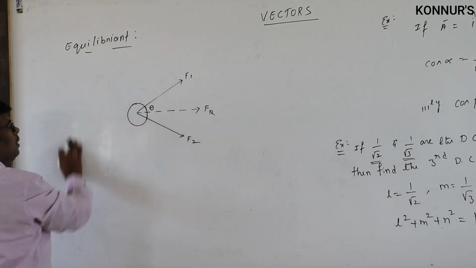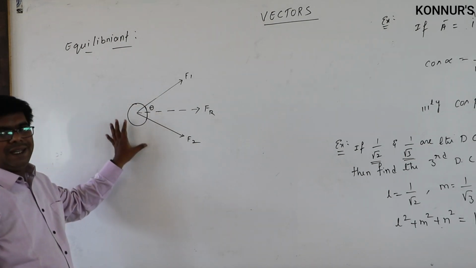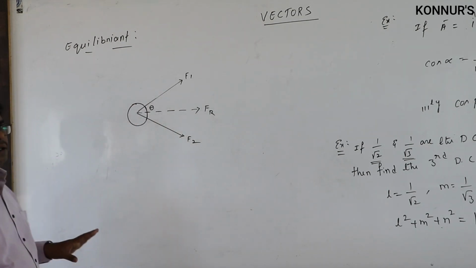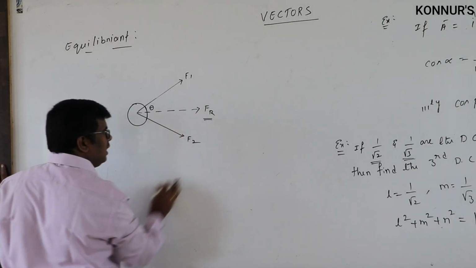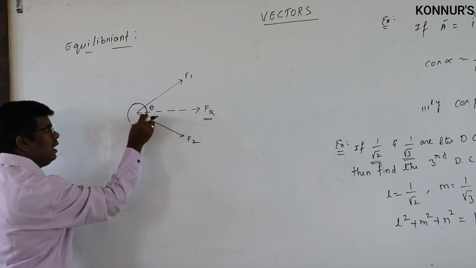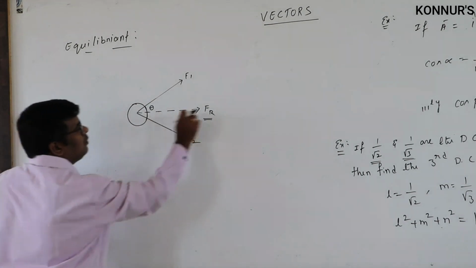Then what does equilibrium mean? Equilibrium means the negative vector of the resultant of a number of vectors, because these two forces' resultant is acting in this direction. So if we want to keep this body in equilibrium, we have to counterbalance this resultant force.